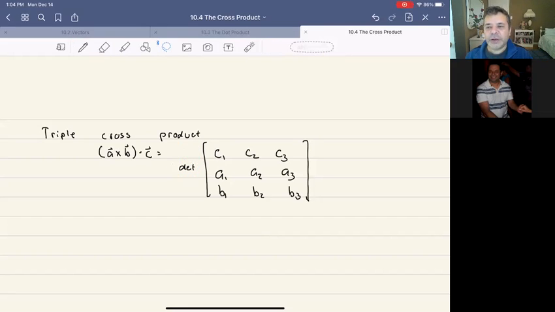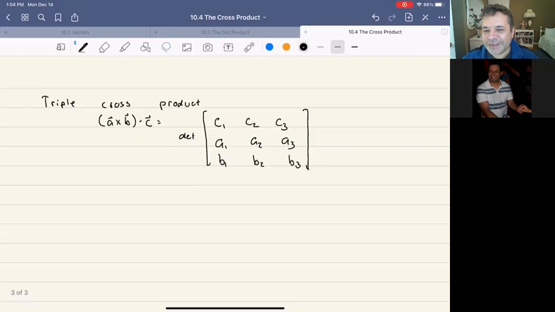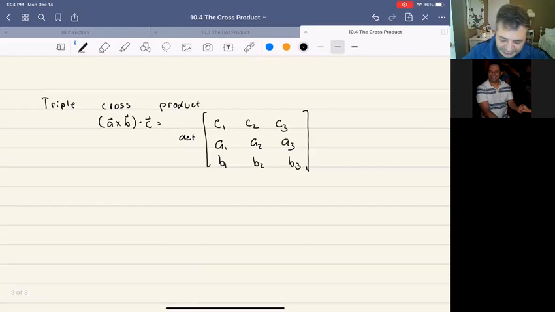This is the volume of a parallelepiped. I can't even say that word very well, let alone write it.